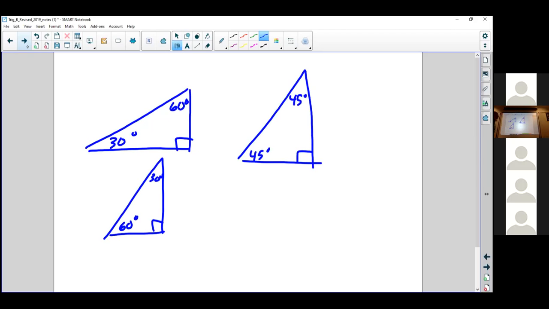So we have to understand the relationship between these. We know this is x, this is 2x, this is x square root 3. This is x, this is 2x, this is x square root 3. If this is x, then this is x square root 2. And that's kind of coming from your geometry class.